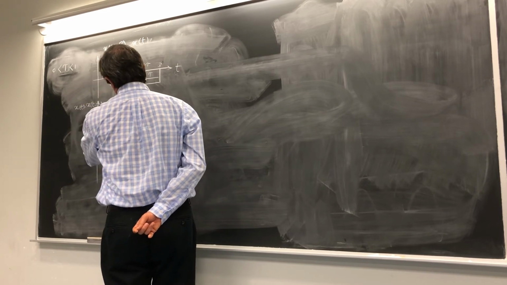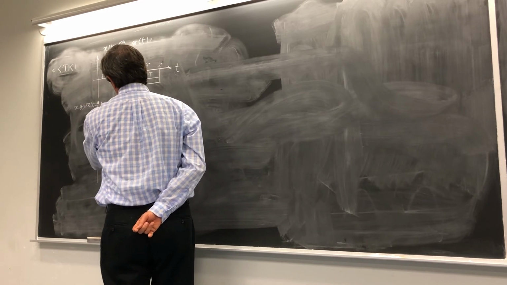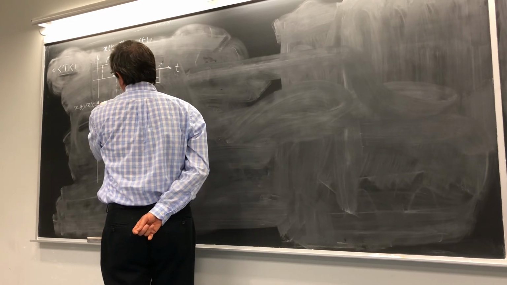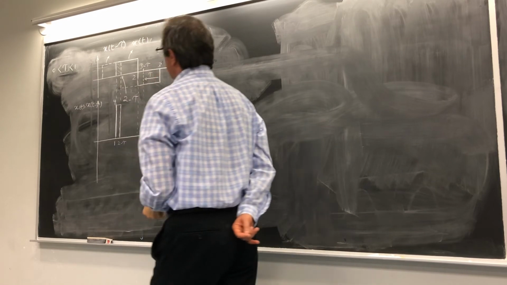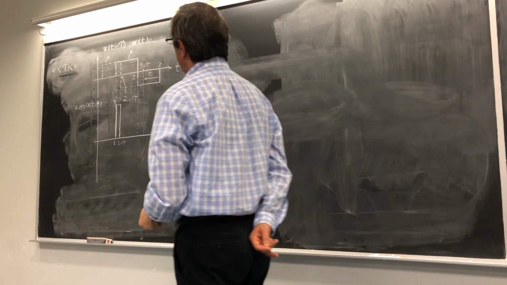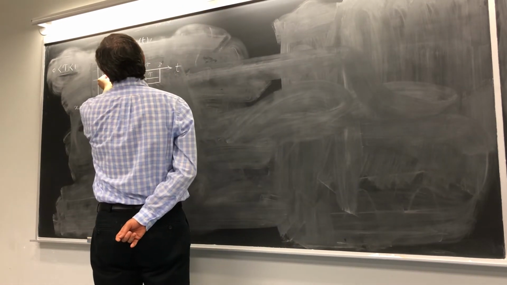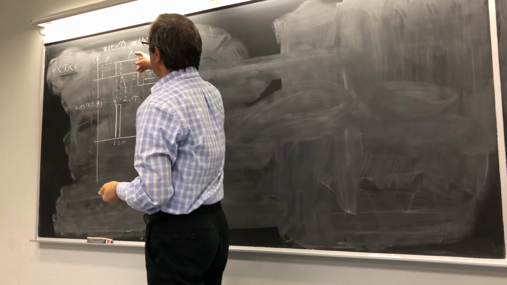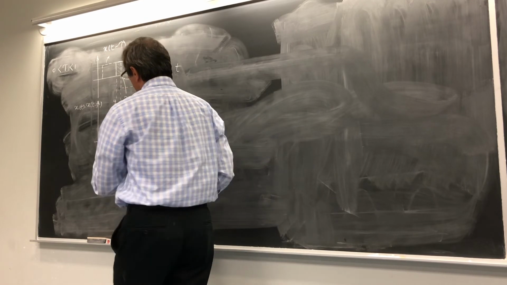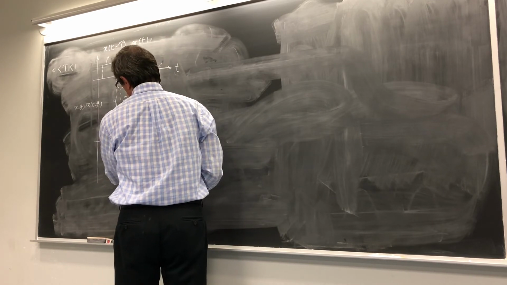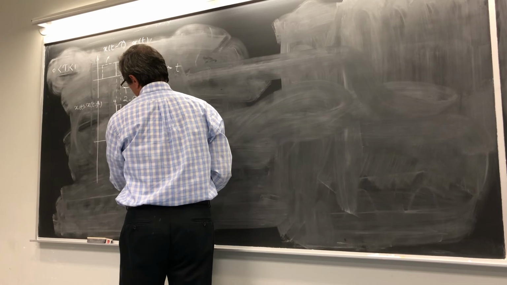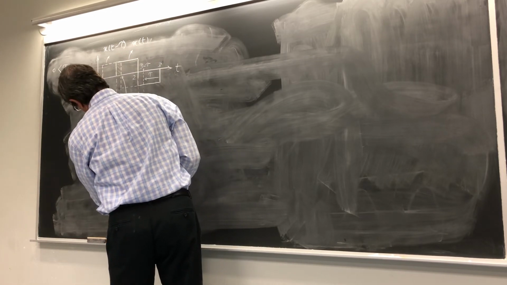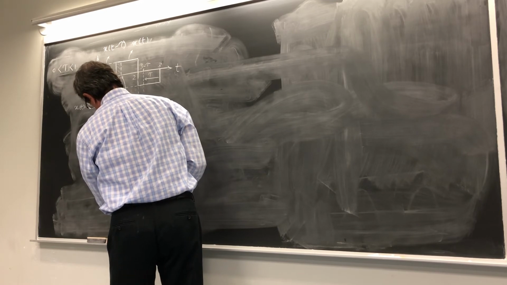We've got a positive pulse. The height is 4. Then, from 2 minus tau to 2, we've got the product of a positive 2 and a negative 2. It's going to be negative 4.